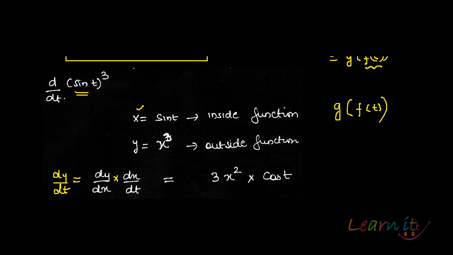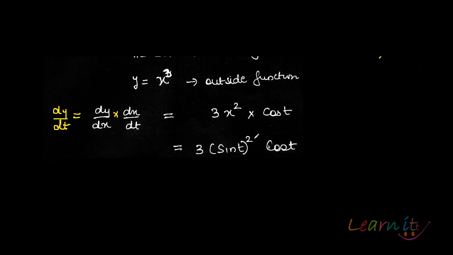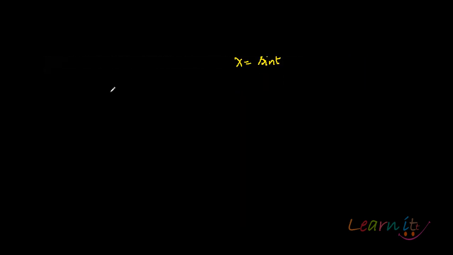Now in place of x, of course I know that x equals sine t, so I can simply replace x by sine t and I get 3 sine t whole squared into cos t.